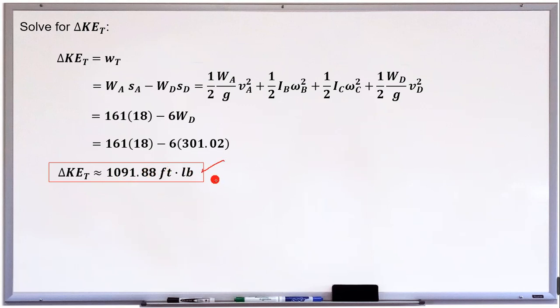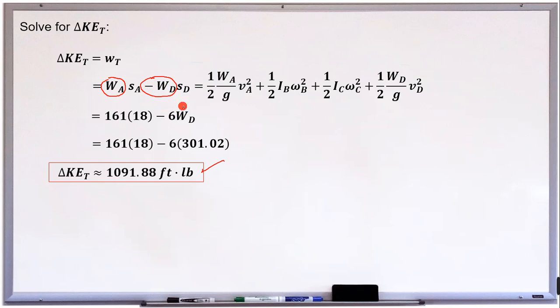So this is the available energy present in the multi-body system, and this energy is the result of the work done on the system due to, first, the weight of our block A, and also the retarding work of our block D. That's why it is negative in here.